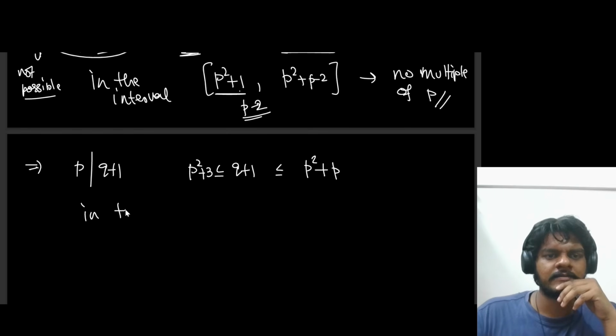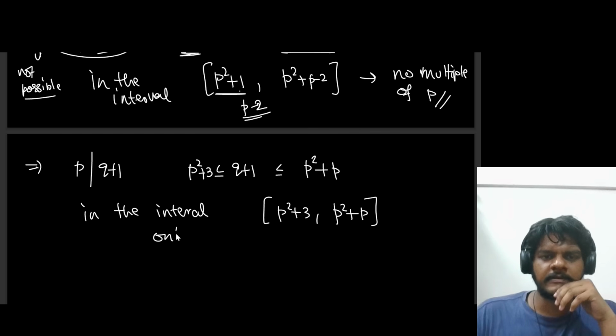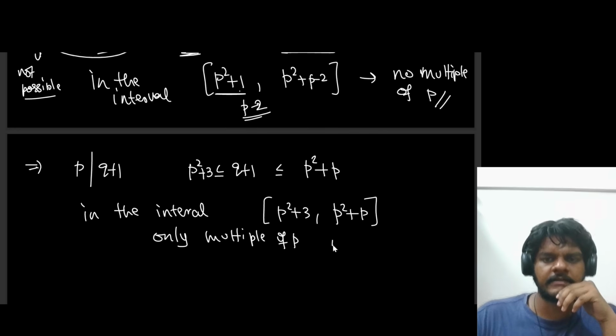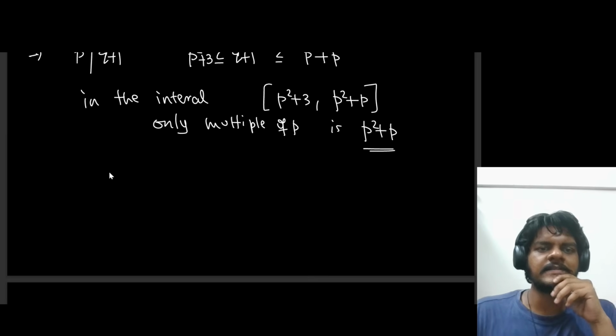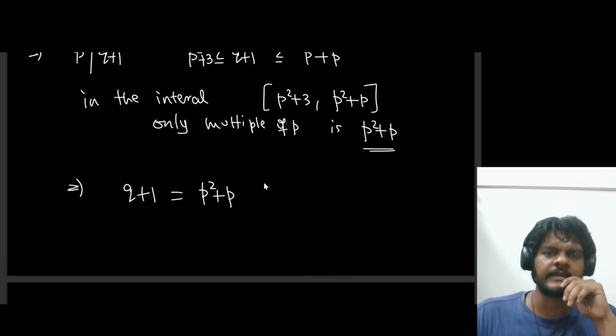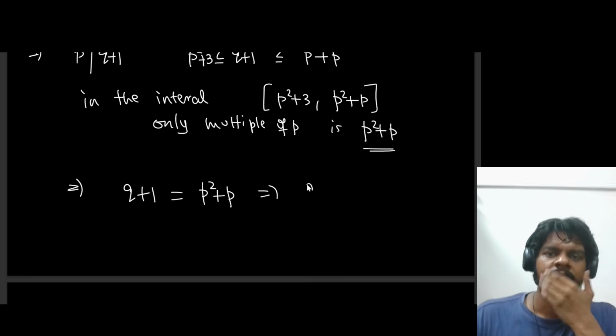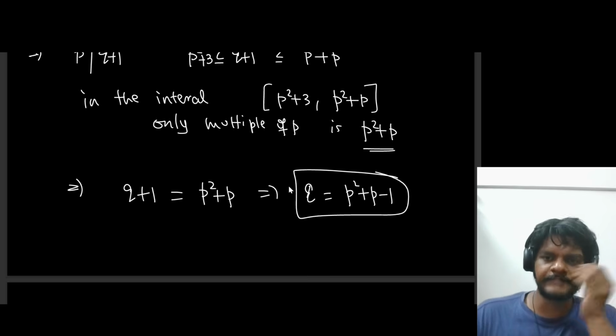So in the interval (p² + 3, p² + p), the only multiple of p is p² + p, obviously. So that implies that q + 1 is equal to p² + p, right? So this is one thing, and that will imply q = p² + p − 1. So we have this specific information.